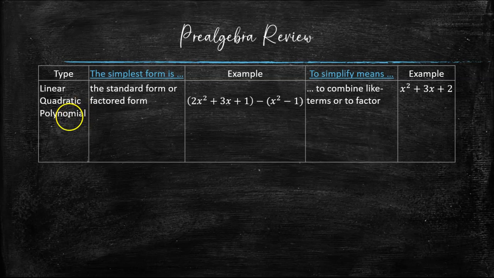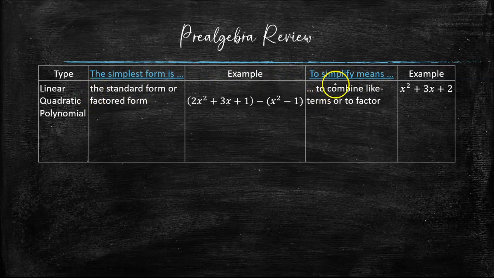So the simplest form of a polynomial expression is what we refer to as the standard form or factored form. So given this polynomial expression, we can simplify it. Well, also to simplify means to write it in standard form or factored form.